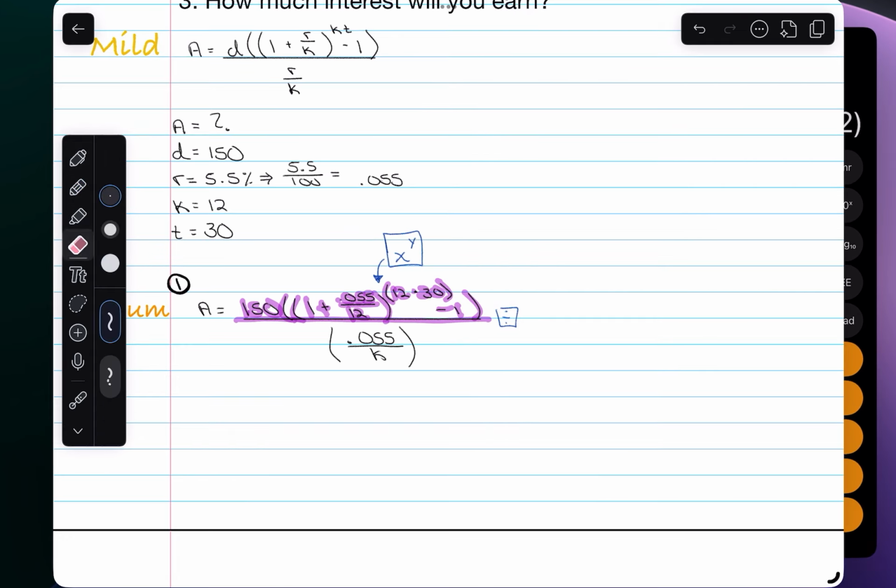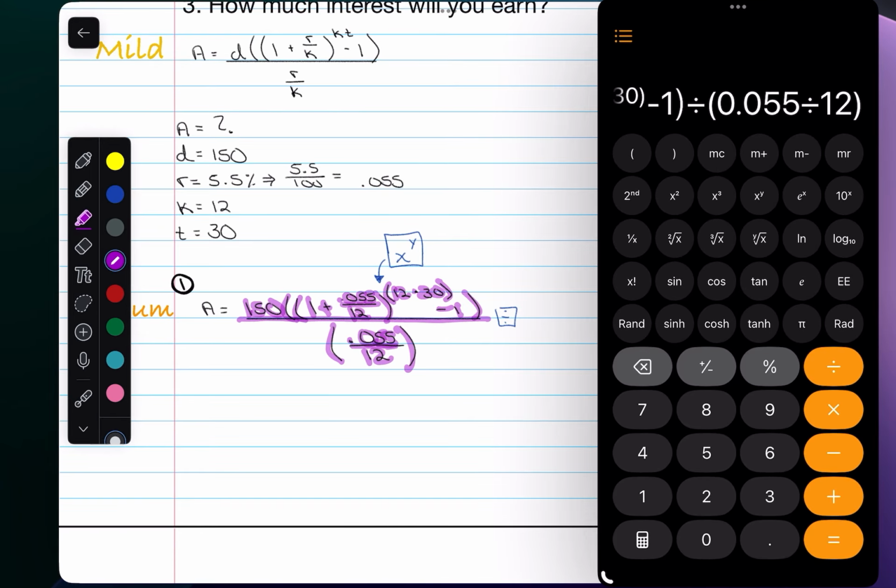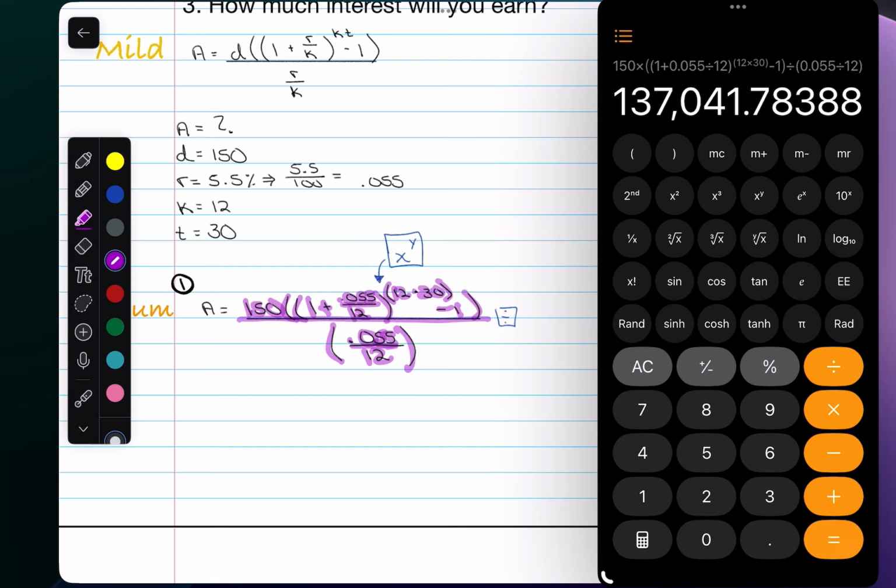Okay, so I am going to erase that K. We already know that this number is 12. Okay, and I did divided by 0.055 divided by 12, close parenthesis. All right, and I'm going to hit enter. So that's how much money we're going to have in our account at the end of the 30 years.